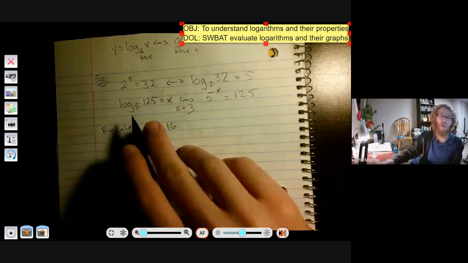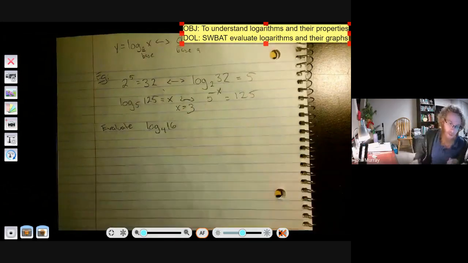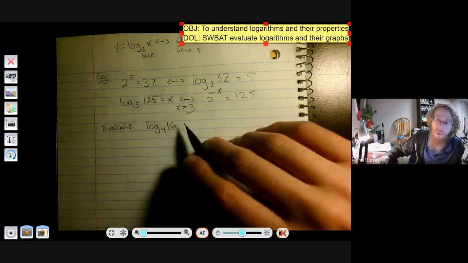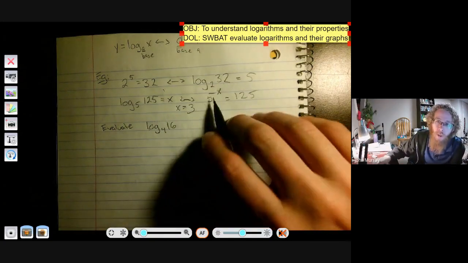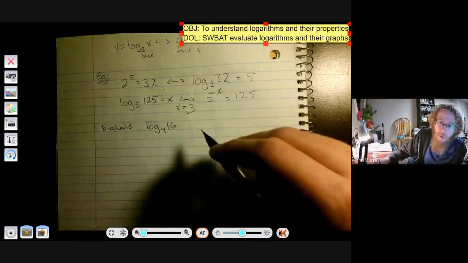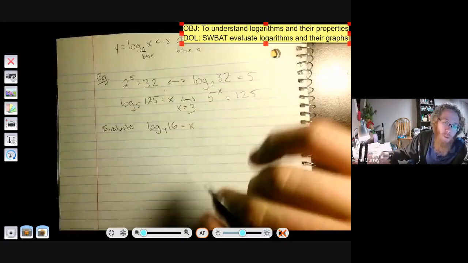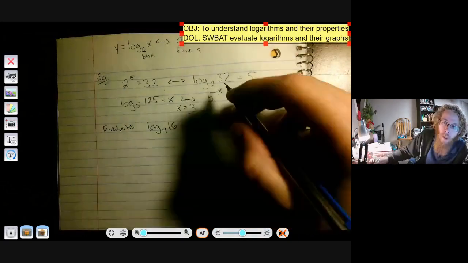All right. So if you're asked to do something like this, you'll see it like this. You'll be asked to evaluate log base 4 of 16. If you're comfortable enough, you can say 4 to what power is 16, and solve it. If you're having a little difficulty making the connection, you're going to write equals x, or equals y, or whatever you want.